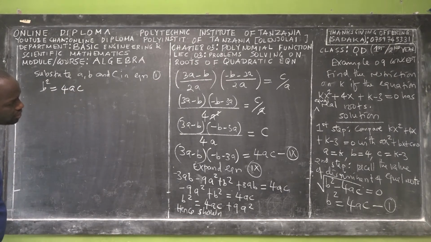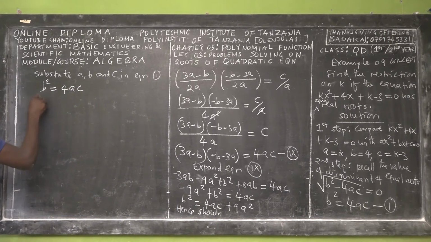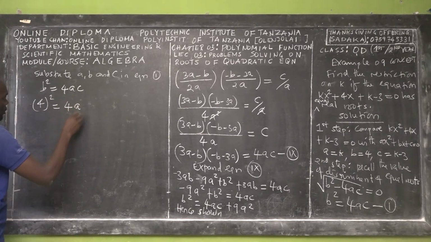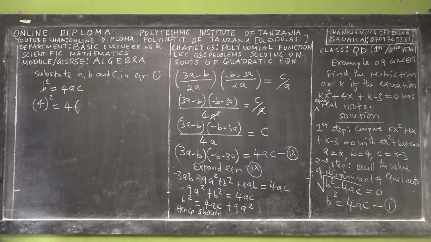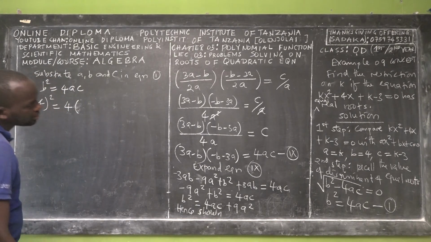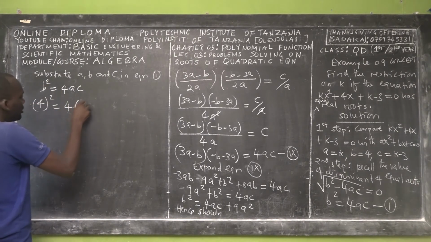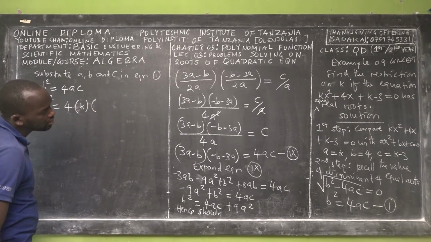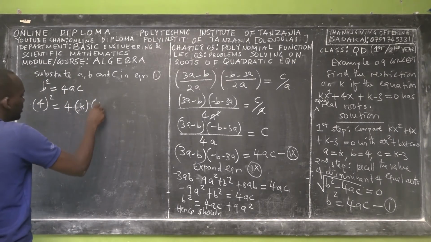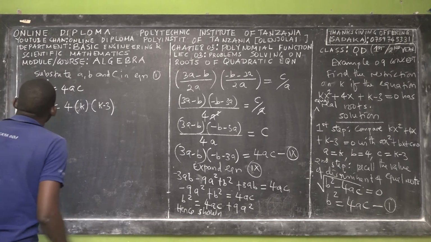So b is 4, 4 squared is equal to 4 times the value of a, which is k, times the value of c, which is k minus 3.